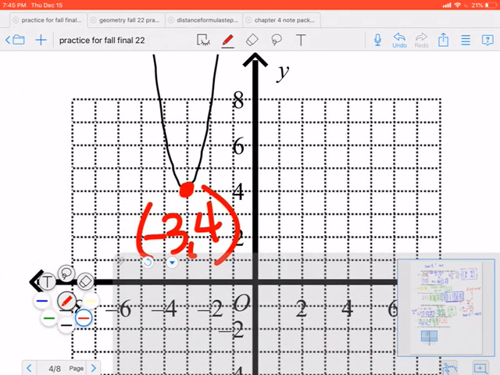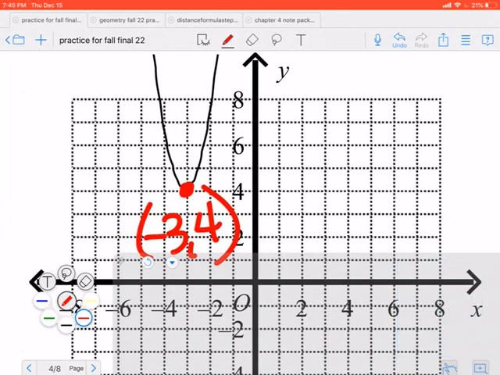And we need the a value. Remember, that makes the parabola skinnier or fatter. If this was a normal parabola, normal legs, meaning a is 1. When a is 1, it goes over 1, up 1, over 2, up 4 on each side, over 3, up 9.